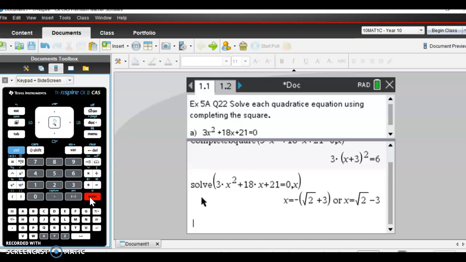And there's our solution, which is a surd. Remember, in the calculator page, you'll get the exact answer. So that's all you need to do for all of exercise 5A. Most of the time, you'll only be doing this last step, menu 3, 1, to solve. But here they asked to complete the square as a step. Right, so that's exercise 5A.